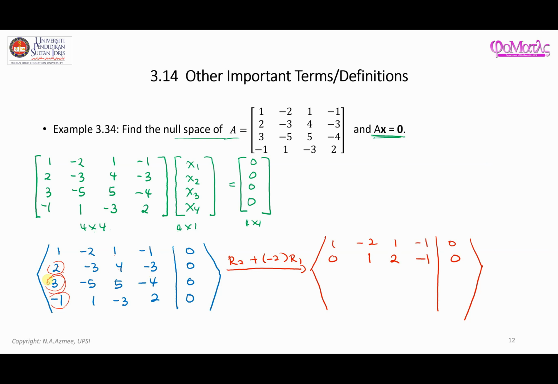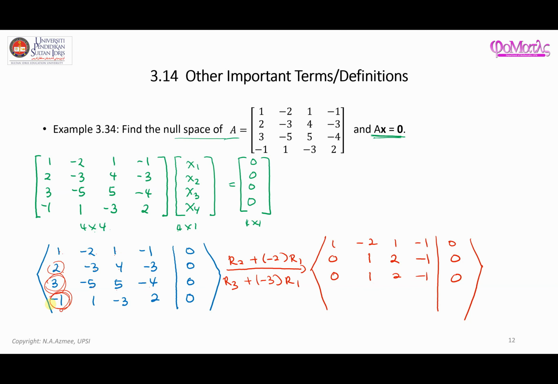Next, for R3, on the same stage, R3 plus negative 3 R1. So 3 minus 3 is 0, negative 5 plus 6 is 1, 5 minus 3 is 2, negative 4 plus 3 is negative 1. And here is going to be 0.